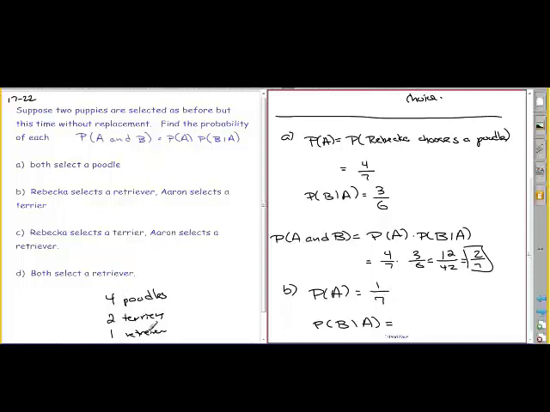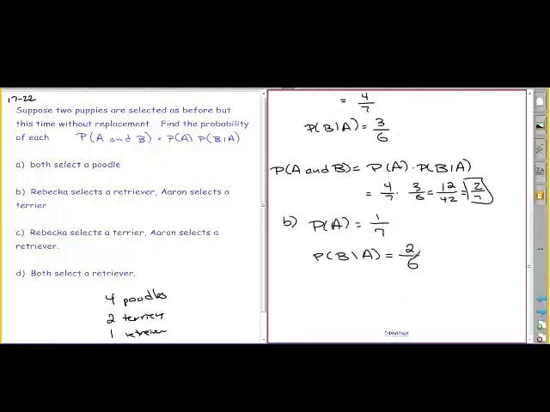So now that I've taken the retriever, there are 4 poodles and 2 terriers. The retriever has now been chosen. So Aaron, how many terriers does he have to choose from? He still has 2, so choosing a retriever didn't affect the number of terriers available, but it does affect the total number of dogs available.